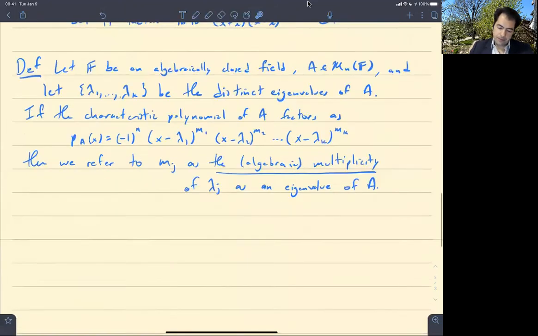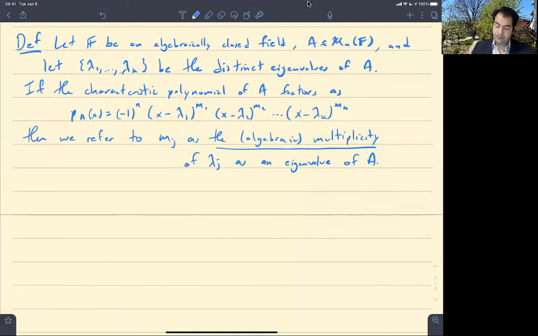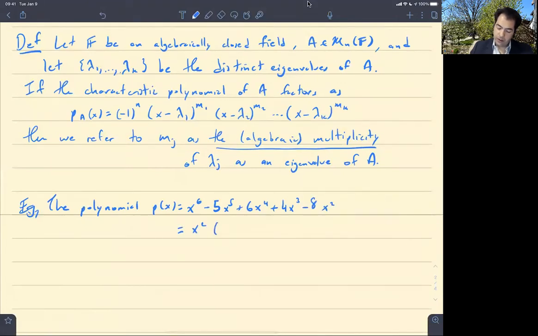Okay, so for example, if you're looking at the polynomial p of x, say x to the 6th minus 5x to the 5th plus 6x to the 4th plus 4x cubed minus x squared, then this factors as x squared times (x plus 1) times (x minus 2) cubed.